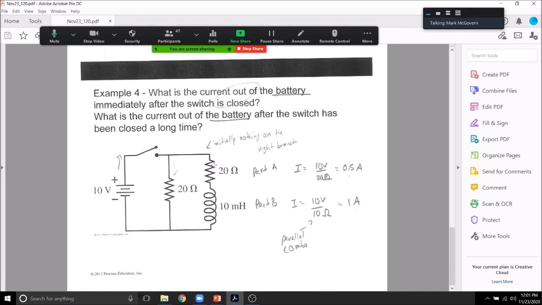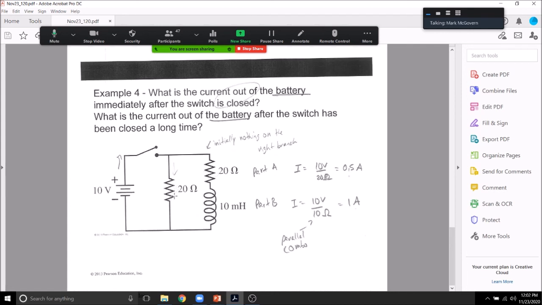That means immediately after the switch is closed, you just have a 5 amp current going through the 20 ohm resistor. But as you let time go on, the current is going to start to grow in the right branch, and it grows until it reaches a max value where the inductor is basically not an inductor anymore. It's just going to be a wire. And so that means your circuit now looks like a 10-volt battery hooked up to two resistors in parallel.